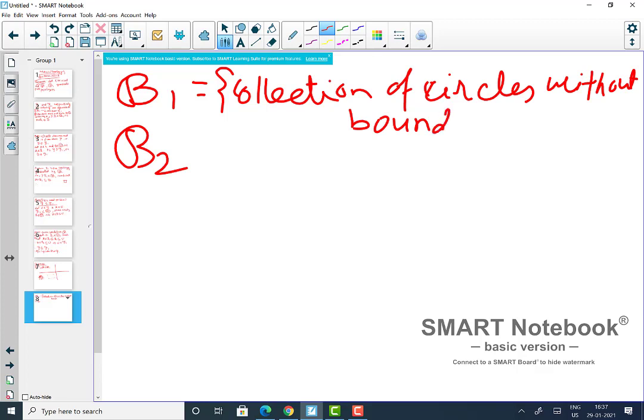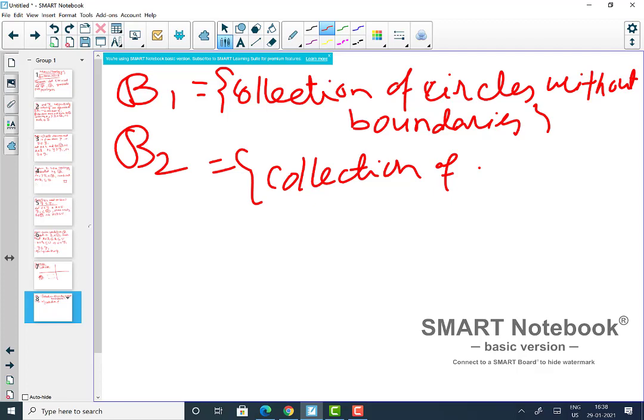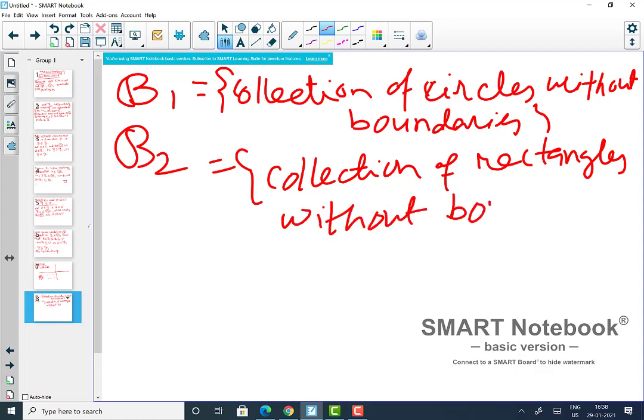Similarly, B2 is the collection of rectangles without boundaries. Obviously you can easily check that both B1 and B2 actually form a basis. So this is obvious.